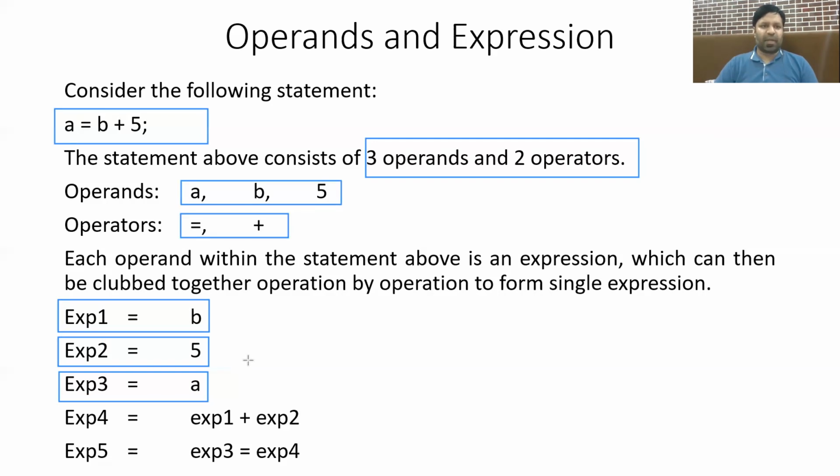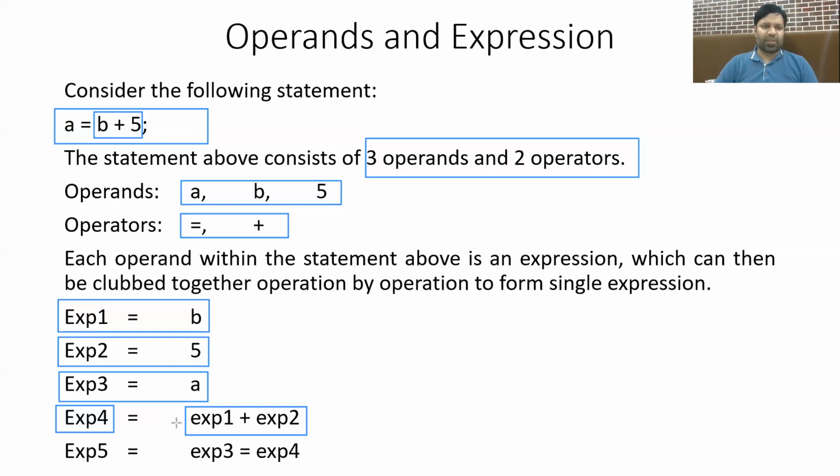Now for the statement given, A is equals to B plus 5, we will group together 2 sub operations to form a single expression. For example, B plus 5, as you can see in the highlight. What is B? It is expression 1. And what is 5? It is expression 2. So expression 1 plus expression 2, the combination of it becomes expression 4.